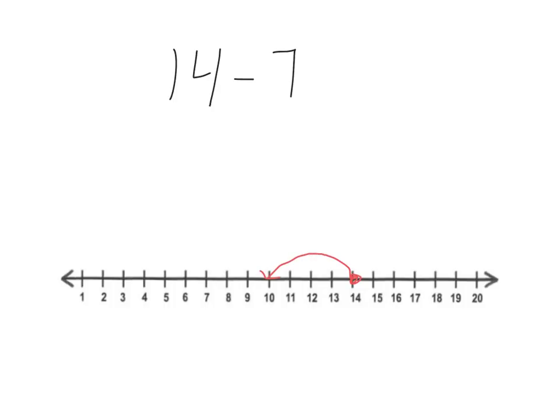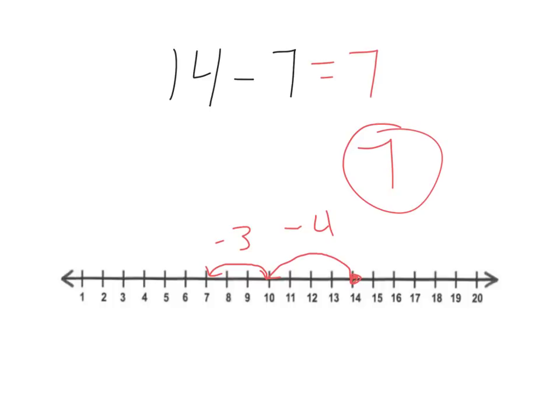Well, from 14 to 10, I know that is minus 4. Now, I need to go back 3 more. 1, 2, 3. And that is 3 more. So 4 and 3 is 7. 14 minus 7 is 7. So we want to get back to 10 and then count back from there.